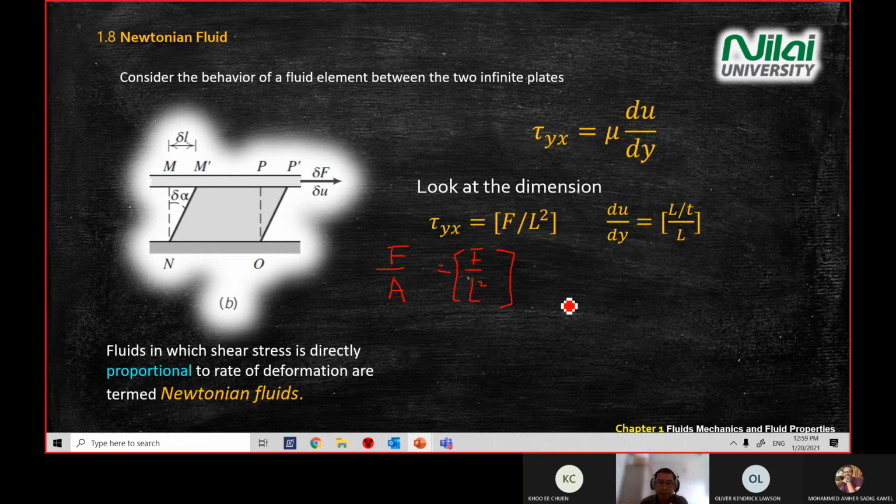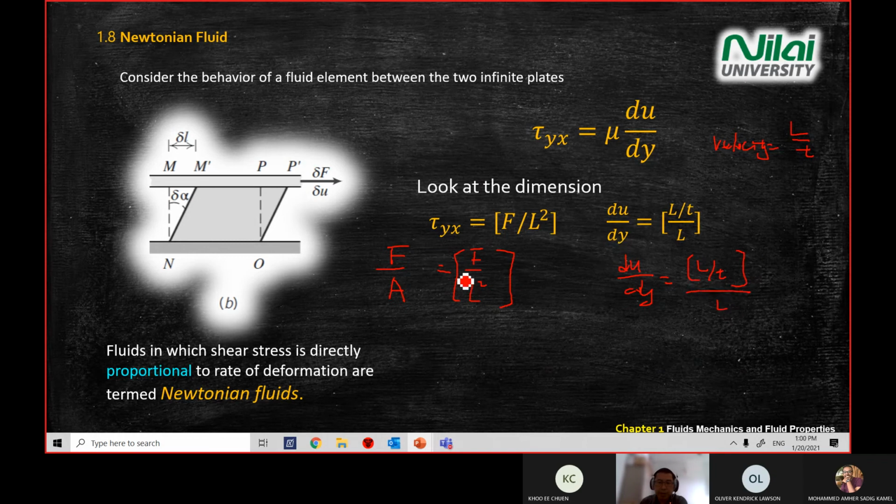And du over dy, what is u? Velocity. Velocity is speed, which is length divided by time. So we are looking at the dimension of length divided by time, and y is length.